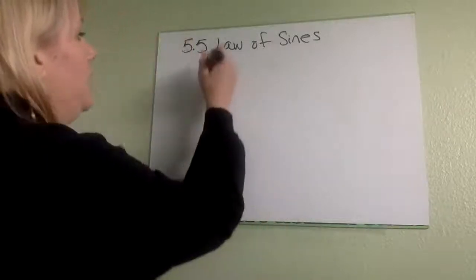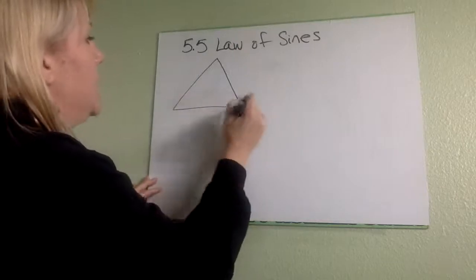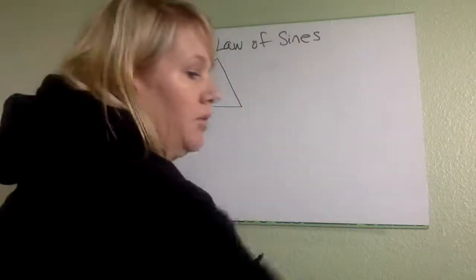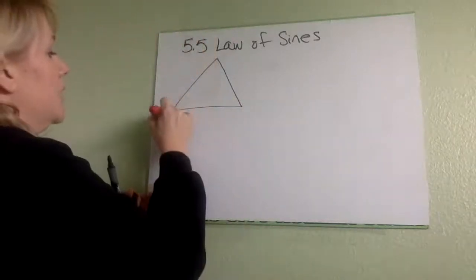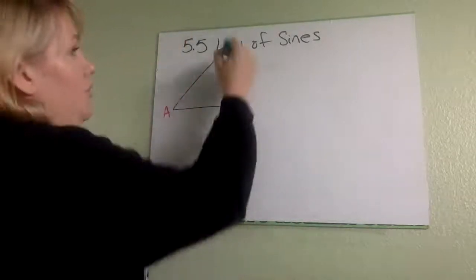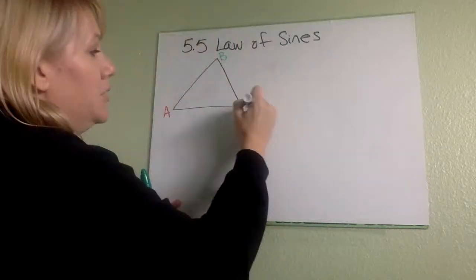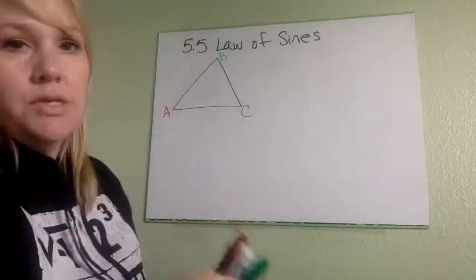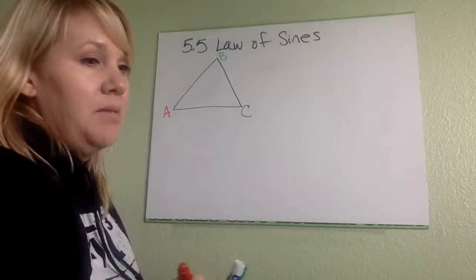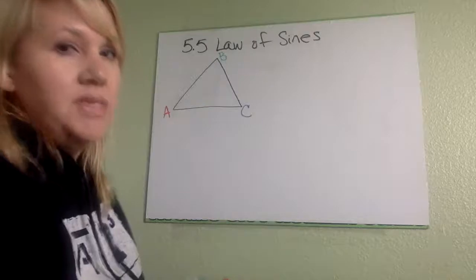Okay, so how do we solve a triangle that is not a right triangle? So let me just draw one up here that is not a right triangle. We're going to label this with A and B and C. We use capital letters to notate that we are talking about an angle, and we use lowercase letters to notate that we are talking about a side. And we always label the side opposite of the angle with the same letter.